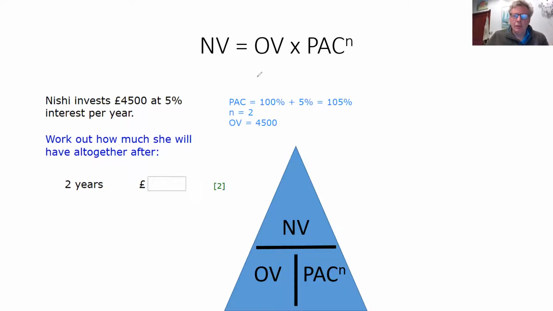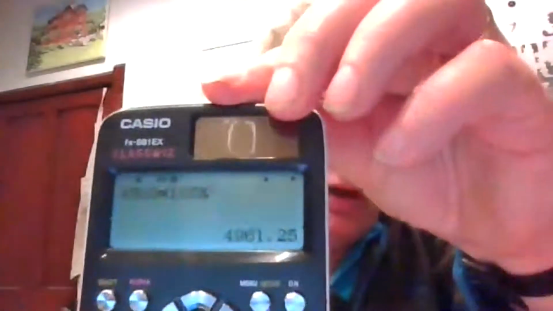So we either substitute those into the equation or we write them in the magic triangle. And so we'll do that down here. So let's do 4,500, let's do 105%, and let's power it up to 2. Now, what we'll do is we'll put that in our calculator and see what answer we get. So it's 4,500 times 105% to the power 2, which gives us, let me show you, hopefully you can see that, what we put in there.